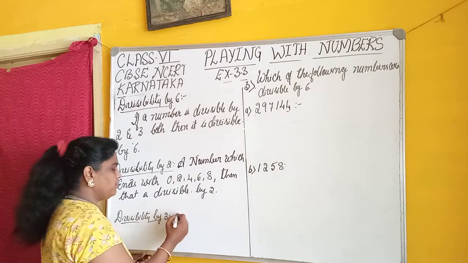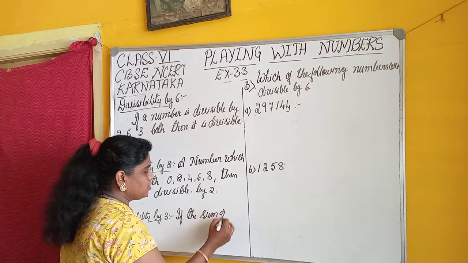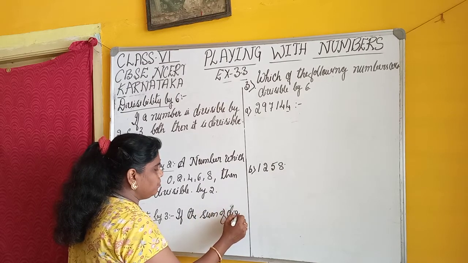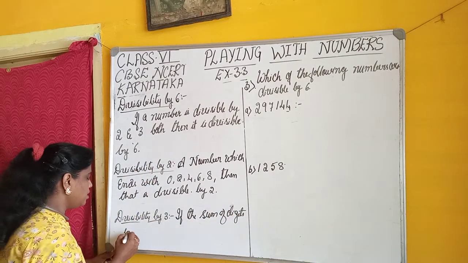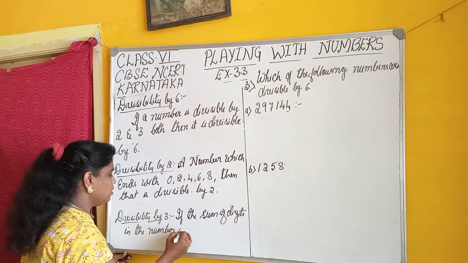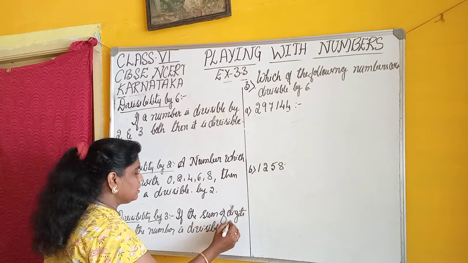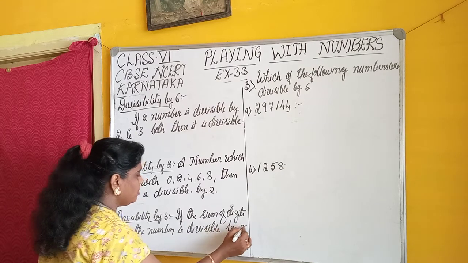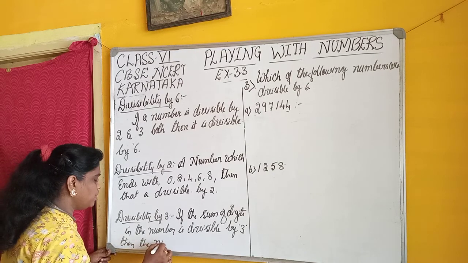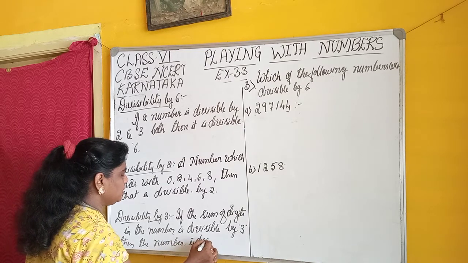If the sum of digits in the number is divisible by 3, then the number is divisible by 3.